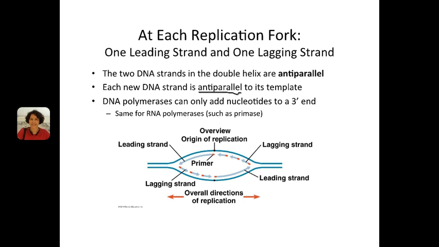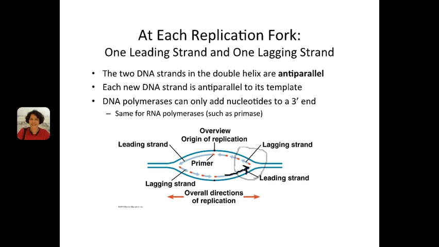Another fact is that DNA polymerases are only capable of adding nucleotides to a 3' end. What this means is that at each replication fork, such as this one that I'm circling here, one of the new strands is going to have its 3' end facing the replication fork, the lower one in this case.